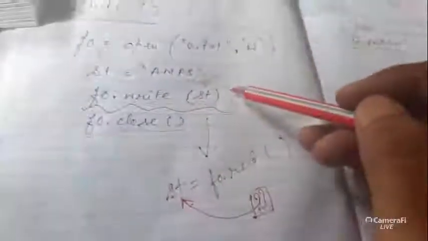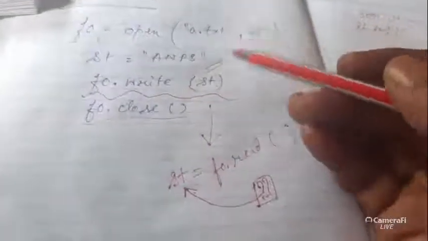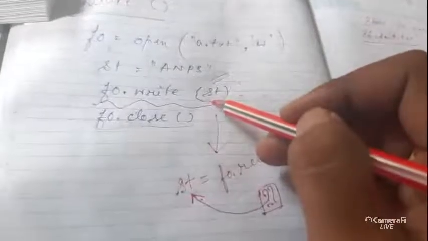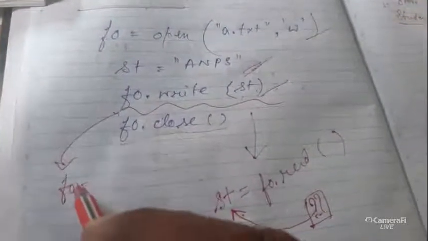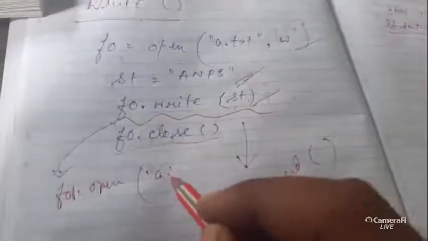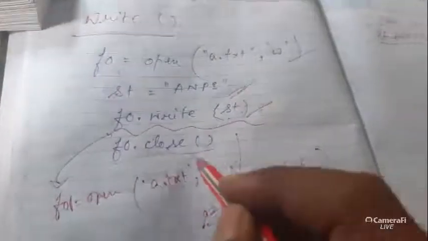But the question will be asked: this is the writing of the file, so how can we prove that the file has been written? That is a genuine question. For that purpose, when you have completed the writing, before closing the file, you can add one line: fo1 equals open, opening the file again in read mode. Why read mode?